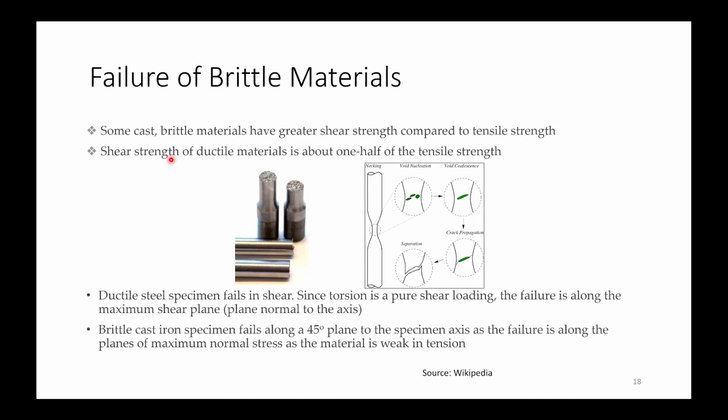Now shear strength can also be different in some materials, and it is half of the tensile strength. Now ductile steel specimens fail in shear. Since torsion is pure shear loading, the failure is along the maximum shear plane. Now brittle cast iron specimens fail along a 45-degree plane to the specimen axis, as the failure is along the planes of maximum normal stress, as the material is weak in tension.